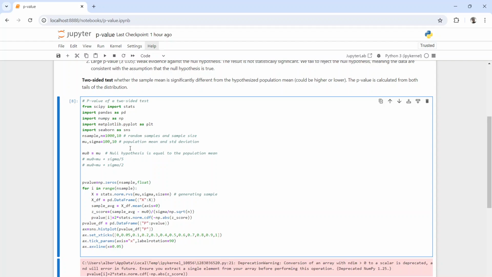And the sample size is the size of each random sample. Each sample contains 10 data points. Mu is the population mean, which is set to 100 in this case, and sigma we have set to 10 here. Mu naught is the mean for the null hypothesis.